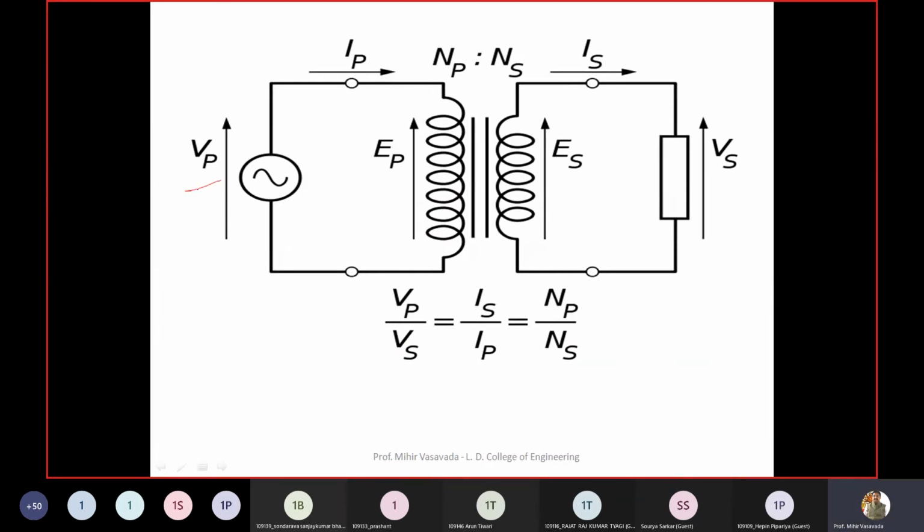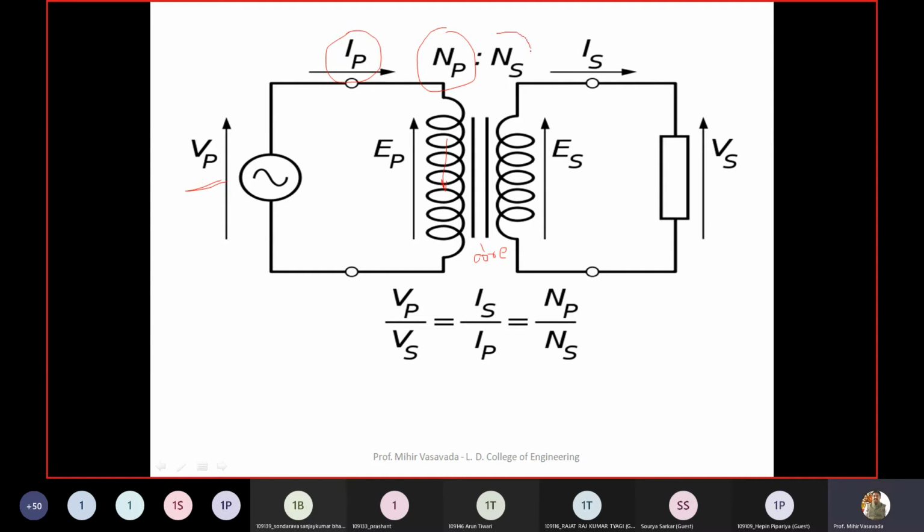You are giving the primary voltage to this primary winding, and as a result the primary current IP will flow through the primary winding. This is your primary winding. This is the symbolic representation of the core, as you know, and this is the primary winding, and NP is the primary number of turns.